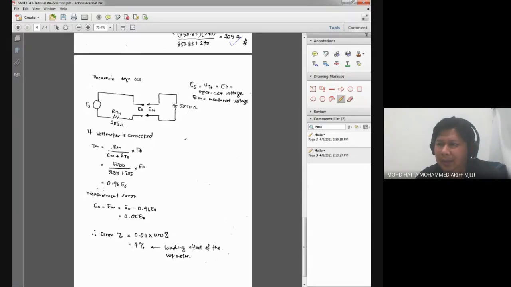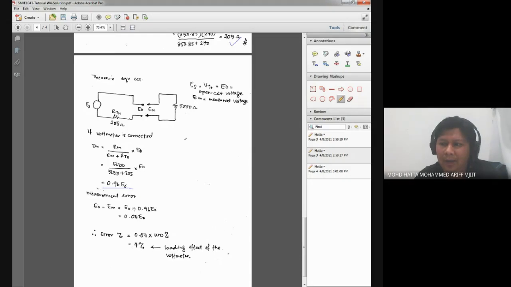I take Rm divided by Rm plus RTH and times EO, or in this case EO equals to VTH and equals to ES. And I will get my EM value as 0.96 of EO.